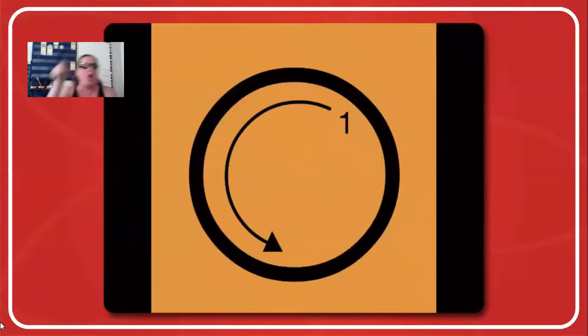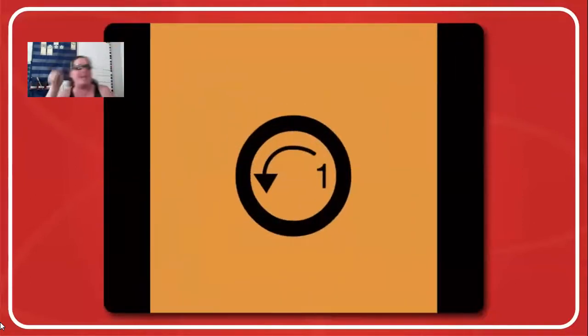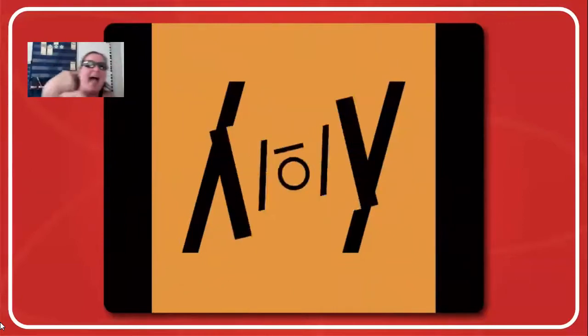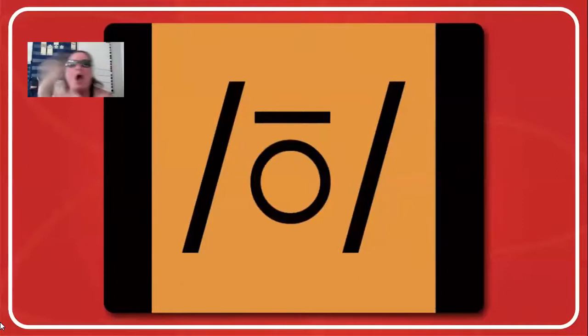Write it uppercase O. Lowercase o, lowercase o. Ah. Oh, oh, oh, oh. Ah, oh, oh, oh, oh.